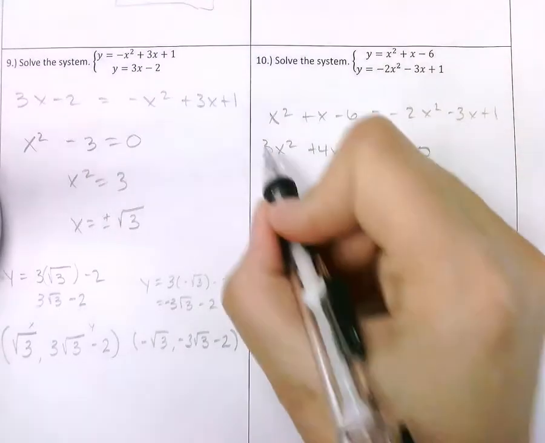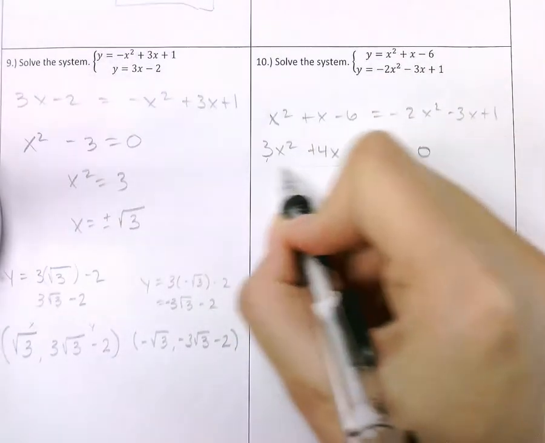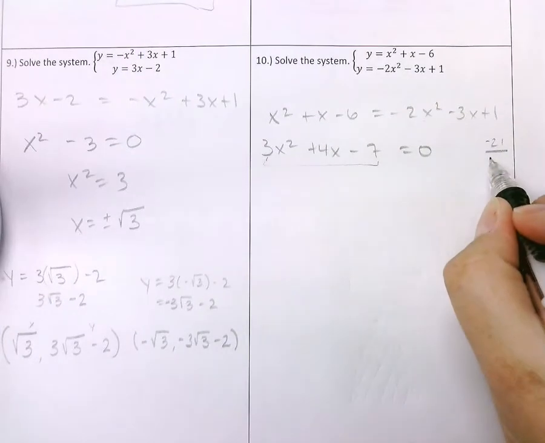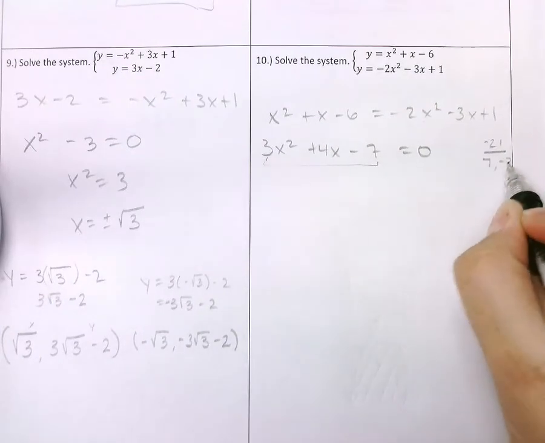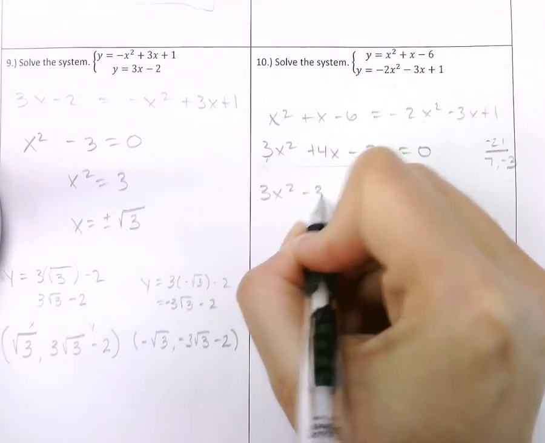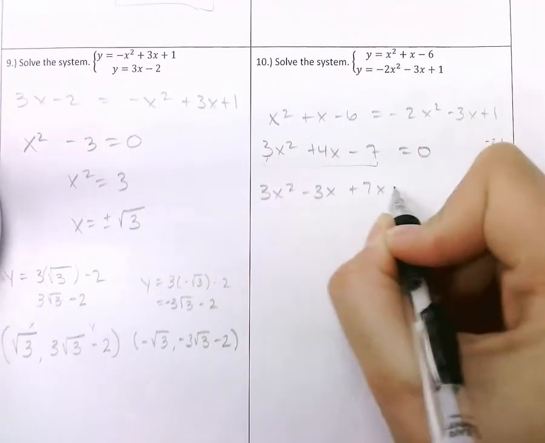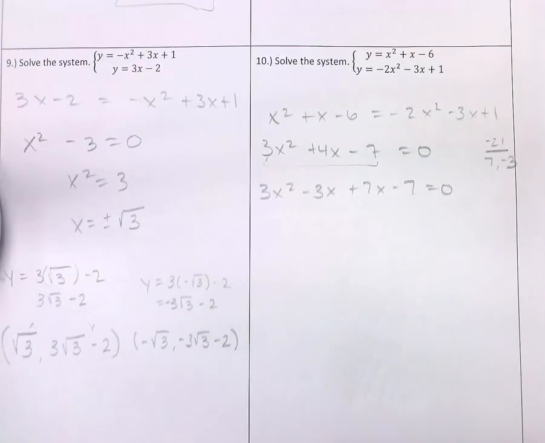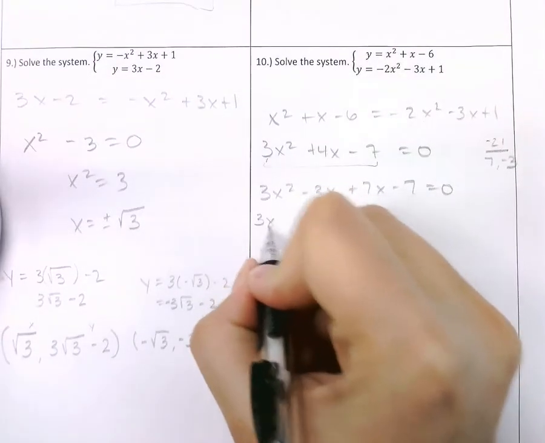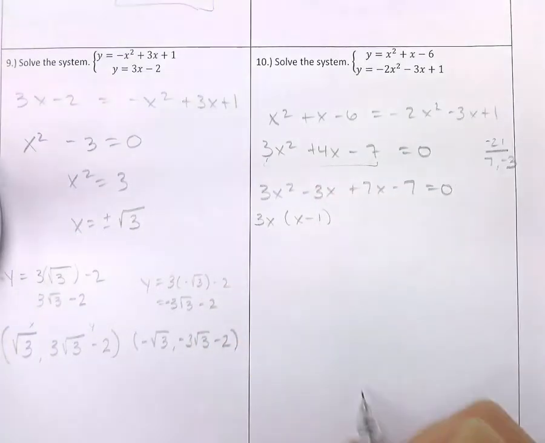Okay, so what multiplies to negative 21 and adds to 4? So 3x squared minus 3x plus 7x minus 7. To factor by grouping, you can take out a 3x and you're left with x minus 1.